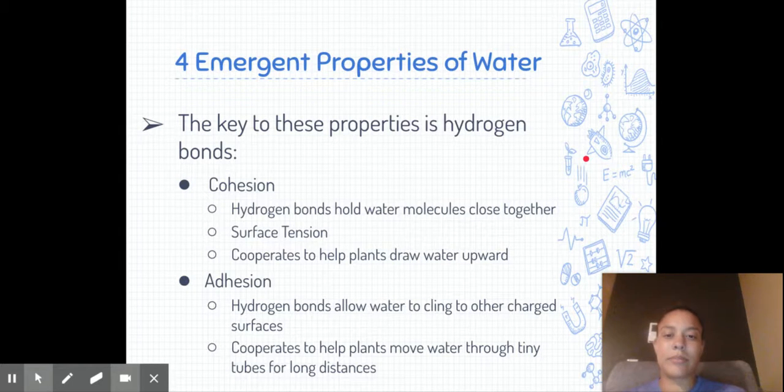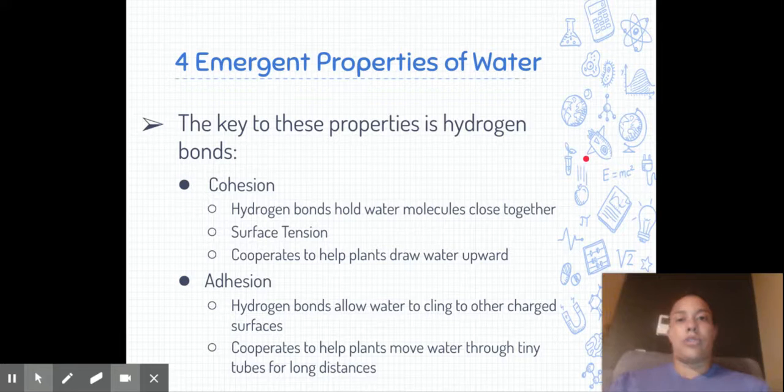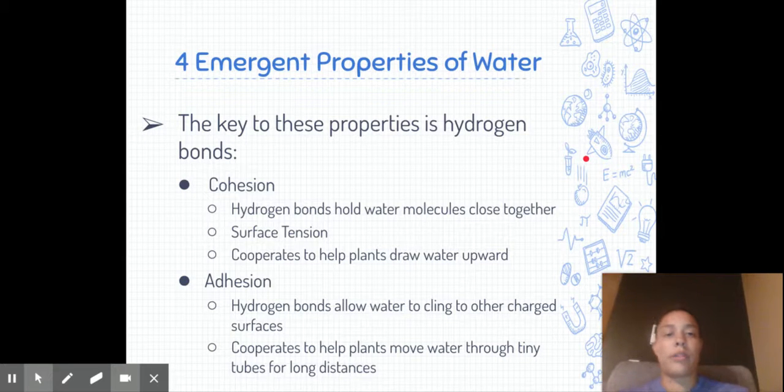So our next term is known as adhesion, and adhesion is referring to water with other things, not itself. So a good example of that, again, would be something like that water strider touching the water. It still is able to cling to something else.